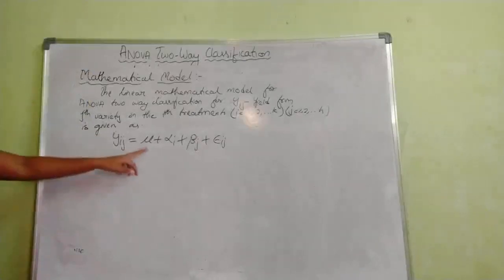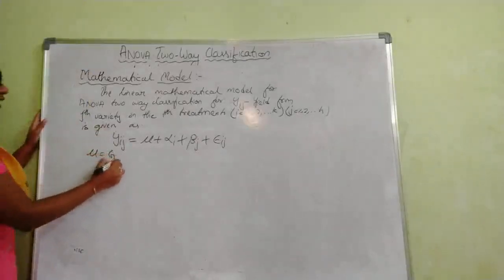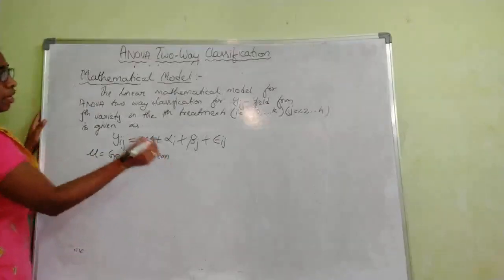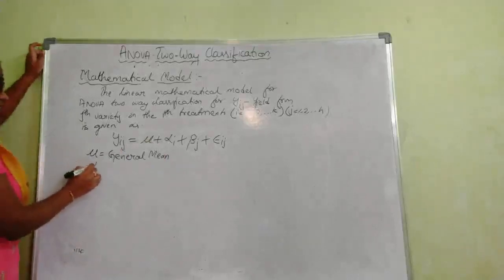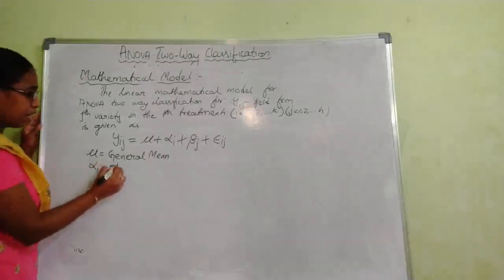So here, what is mu? Mu equals the general mean or the overall mean. You can call it a general mean or overall mean. What is alpha i? Alpha i means the effect due to the ith treatment.